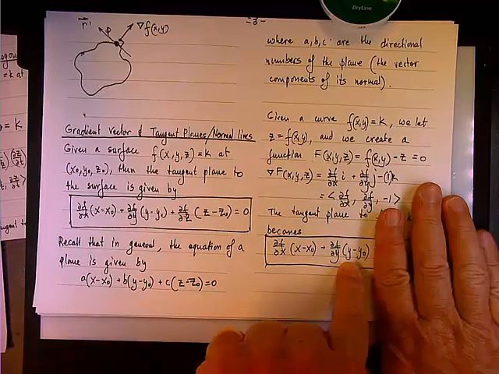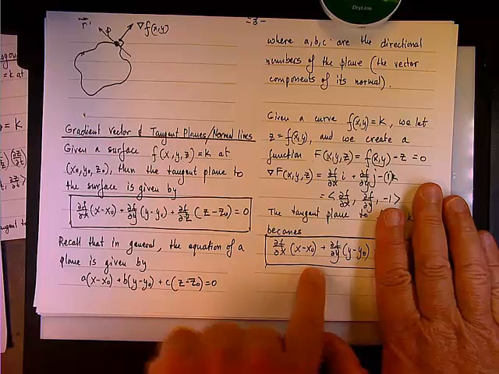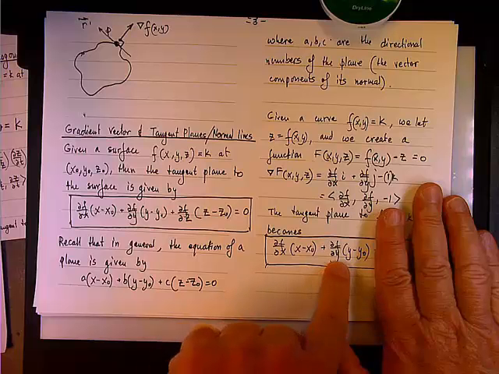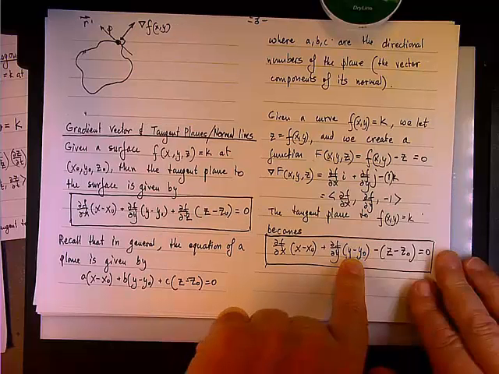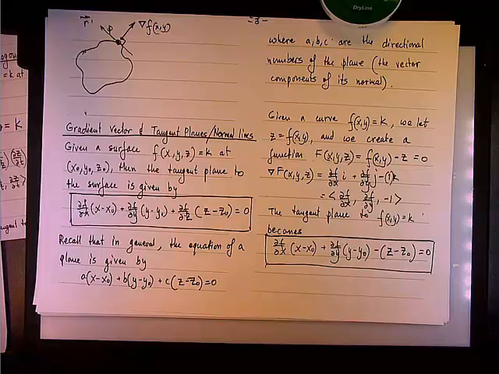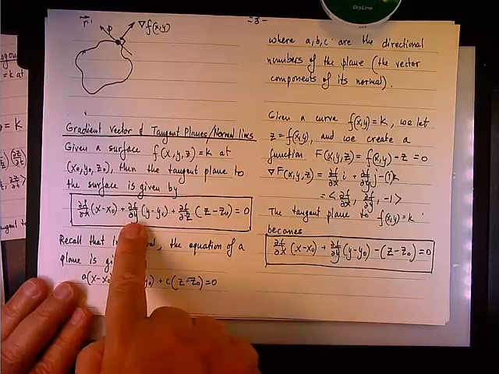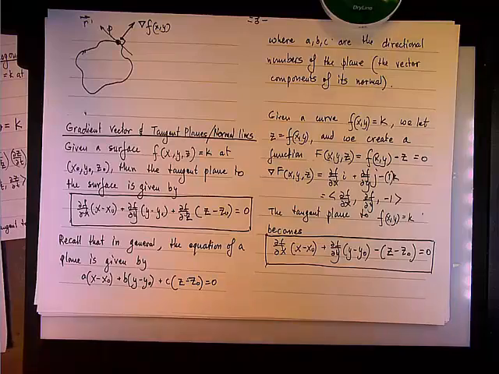So that's what happens when you miss a variable. You can see that in the case of a single variable we lose the z, and instead of del f del y times y minus y sub 0, we have what you learned in calculus 1. You'll have del f del x times x minus x sub 0. This is the slope times x minus x sub 0. And here you have plus y minus y sub 0 equal to 0, or y equals y sub 0 plus the slope times x minus x sub 0.